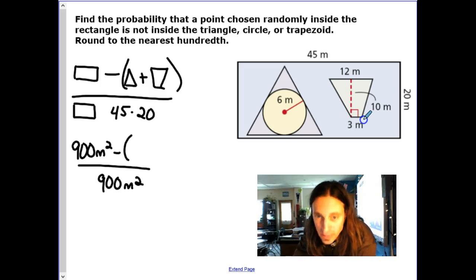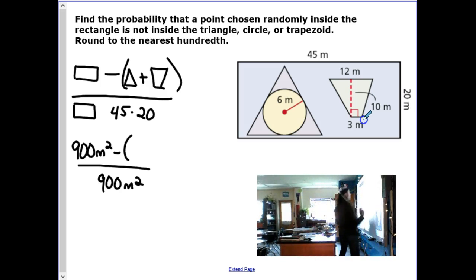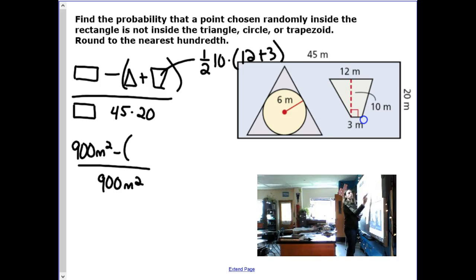The trapezoid's definitely easier. The area of the trapezoid, this one here, would be 1/2 the height times the 2 bases added together, 12 plus 3. So I've got 15 times 5, 75. So I got 75 meters squared.